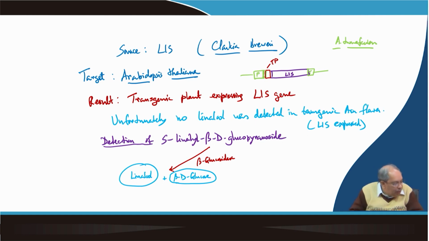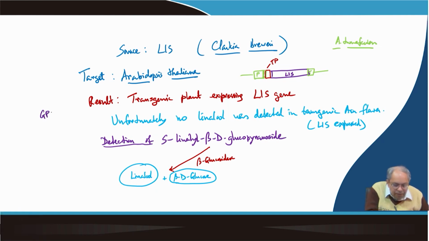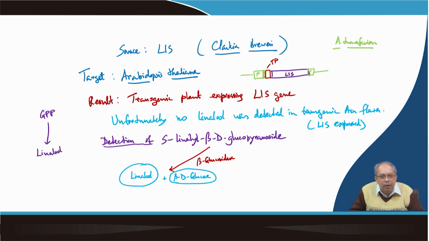So it is clear that the LIS gene, the linalool synthase gene, was successfully expressed and functional. It took all the GPP available in the tissue and converted it into linalool, but the plant found linalool to be a strange molecule because it is not meant to produce linalool.